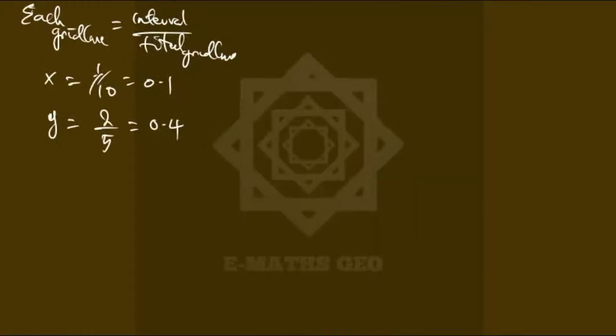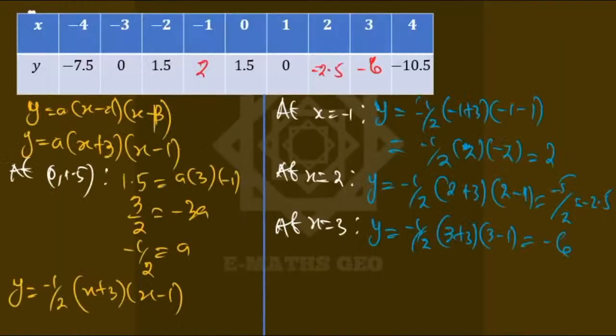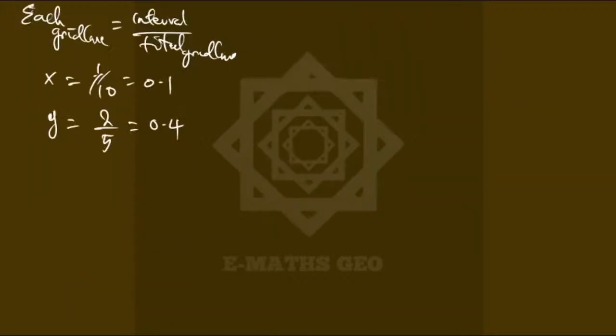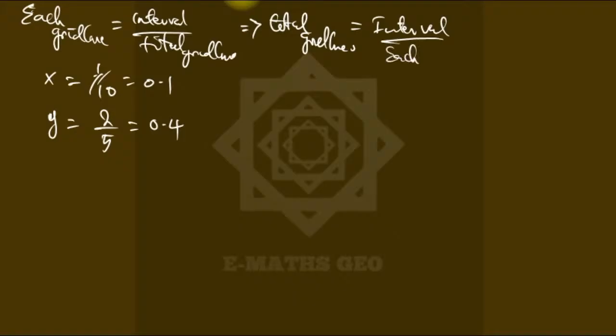Now, since we are looking for -7.5, because -4 for x is already set and you can see it on the graph, we want the total number of grid lines that will give us that. The total grid lines is the interval over each grid line. For y, the interval is 7.5.